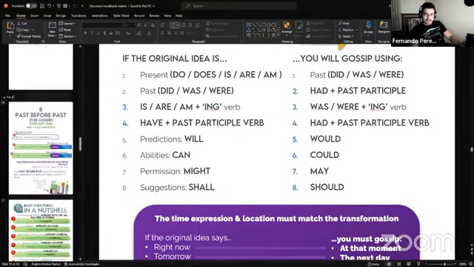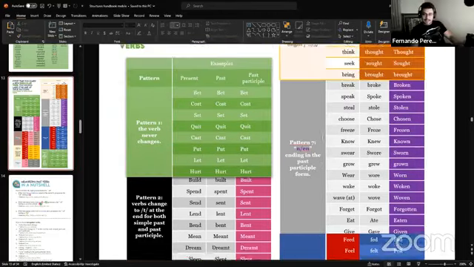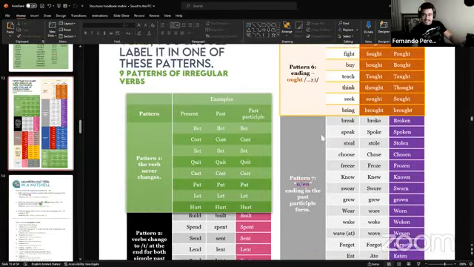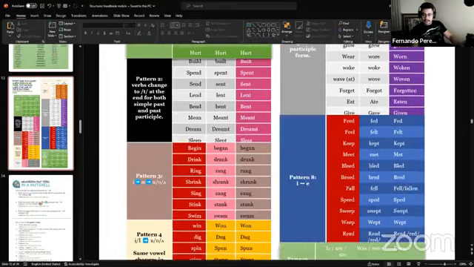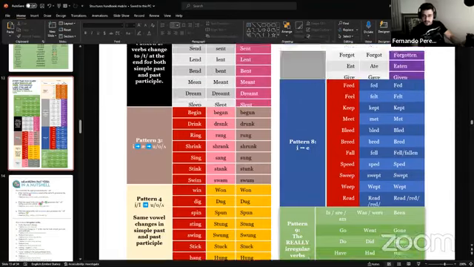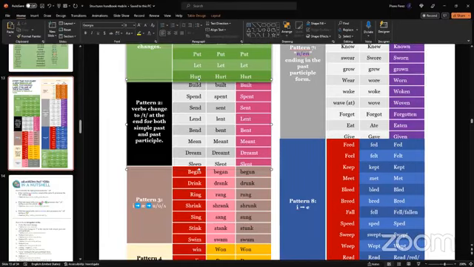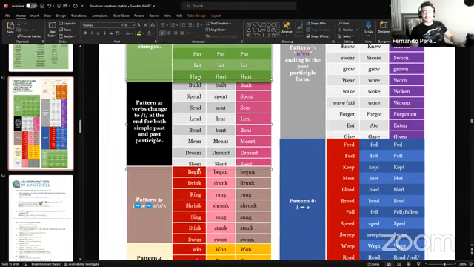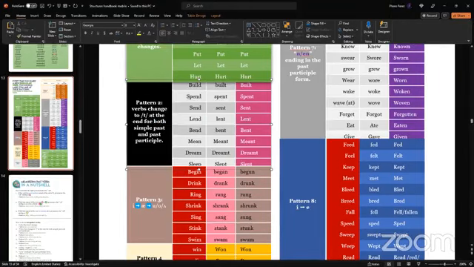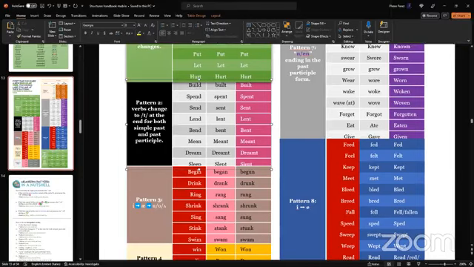The word lend is on the pattern of verbs that when you speak in past, the last D transforms to T. Okay, exactly. I wouldn't have lent that amount to that person.